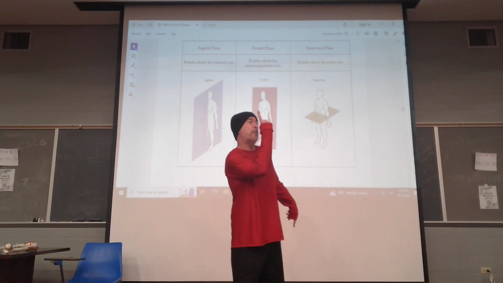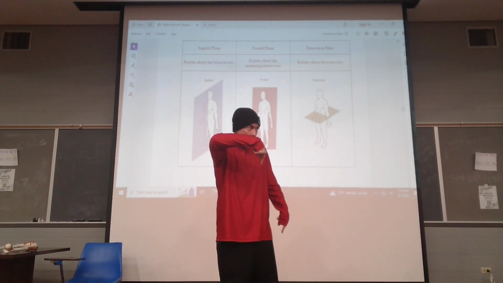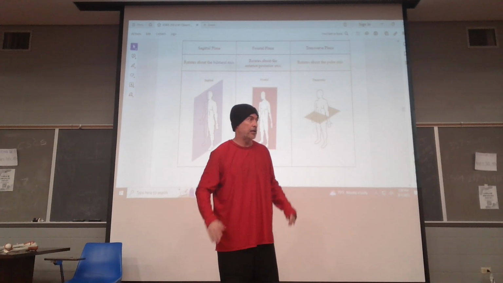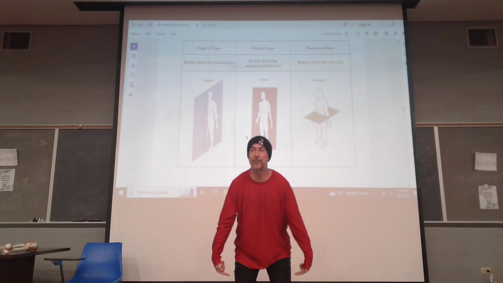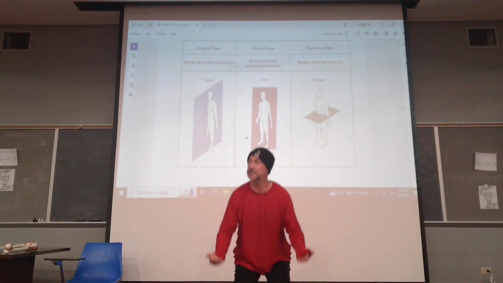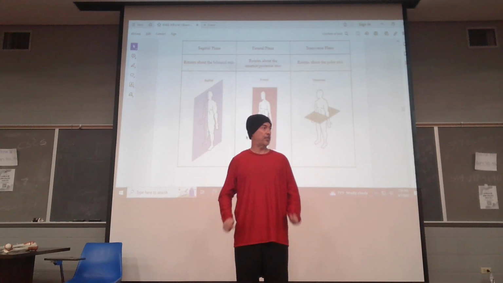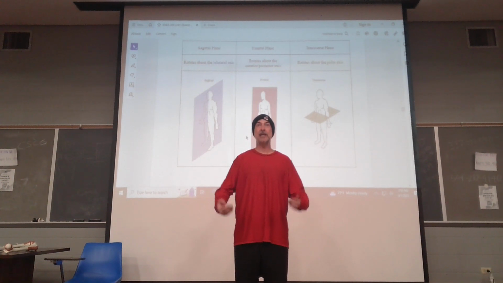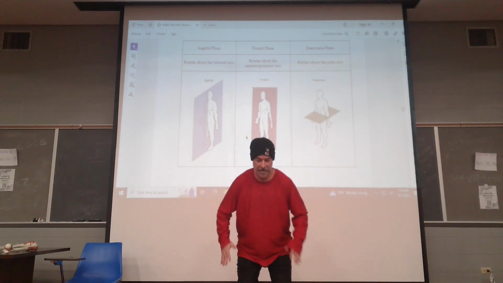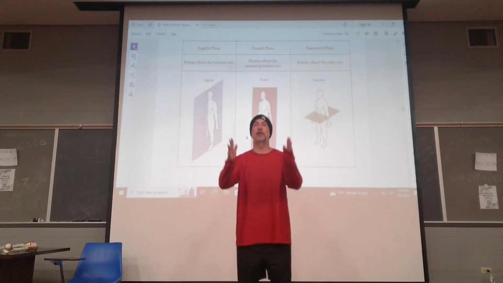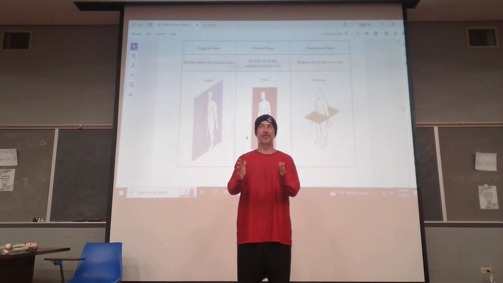Me going up and down is not in a plane. However, my knees flexing and then extending are in a plane. Sagittal plane, right? My hips flexing and then extending, sagittal plane.